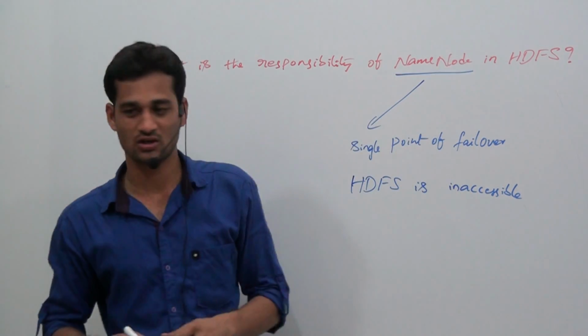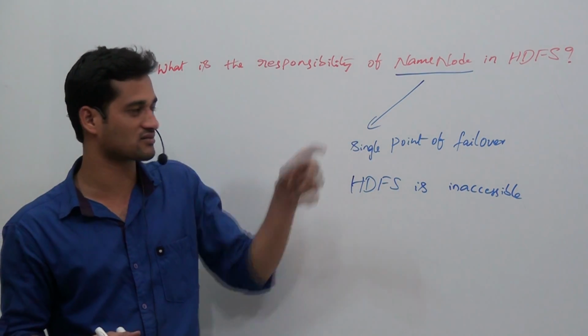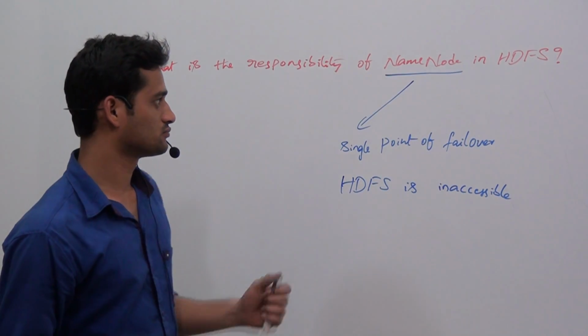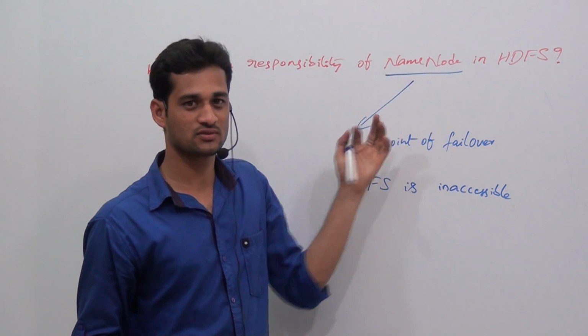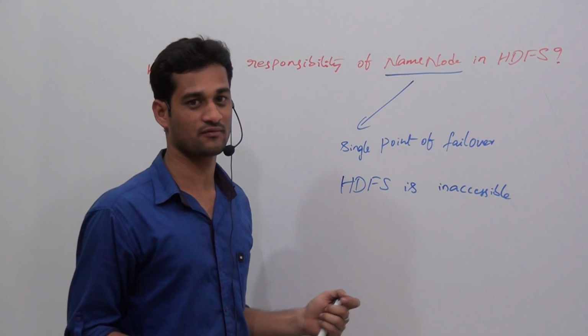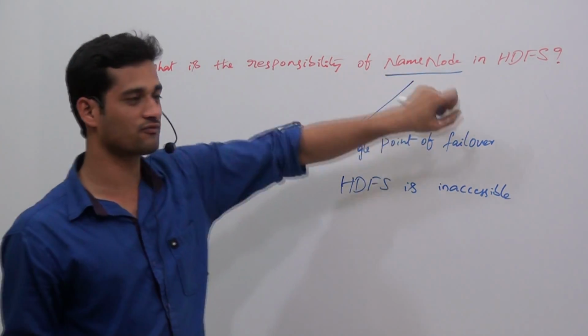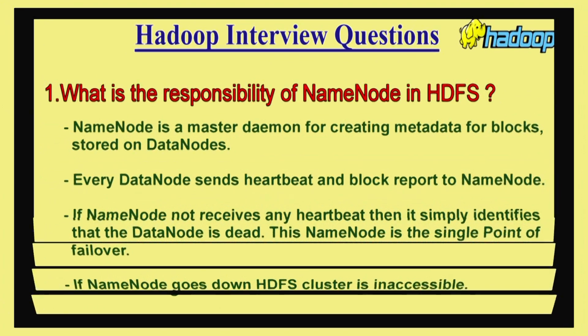So if there is no name node, even the client cannot access it, and even the job tracker cannot access it. That's why we call the name node a single point of failure service. This is the responsibility of the name node in your HDFS.